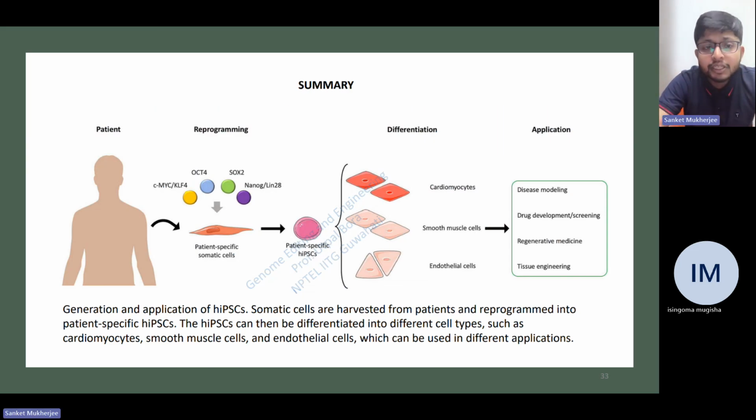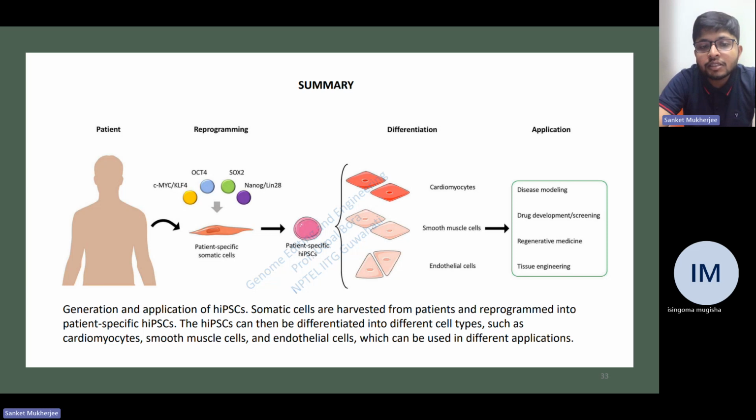So this is the summary. You take the patient, you take some specific somatic cell, and you then give the reprogramming factors. These specific factors are called the Yamanaka factors or the Thomson factors, depending upon who discovered them.